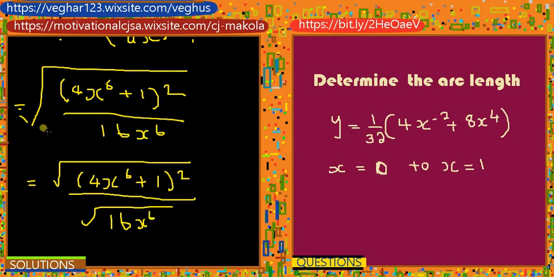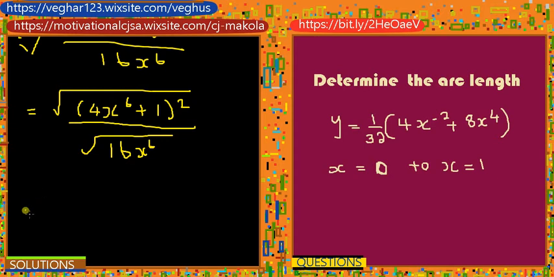So you can do this when you have a square root: put the square root on top, square root on the bottom, and then this one is 4x raised to 6 plus 1. The square root of 16 is 4, and the square root of this one is 3.